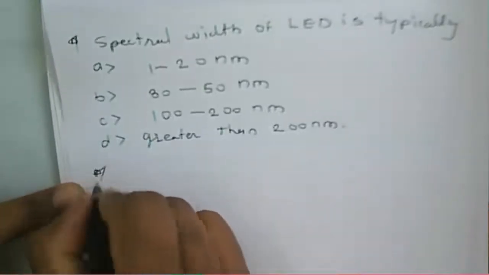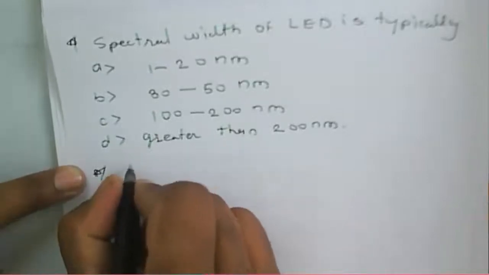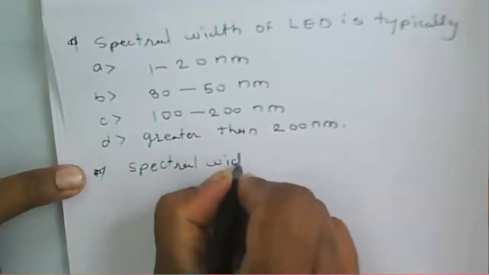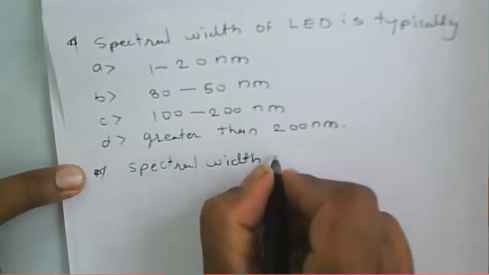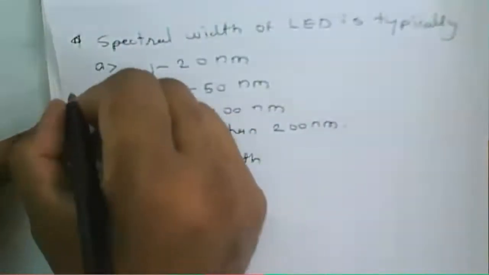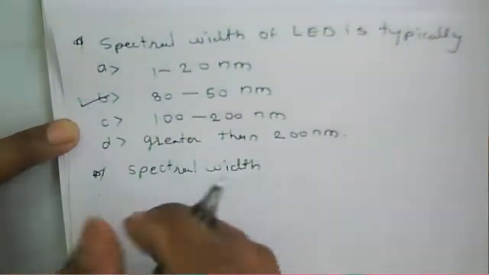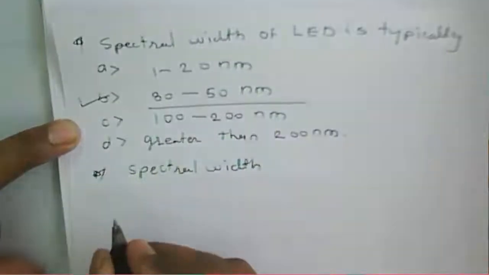Type your answer for this. Spectral width. Yes, correct. Someone has written that answer, B. It is correct, 30 to 50 nanometer.